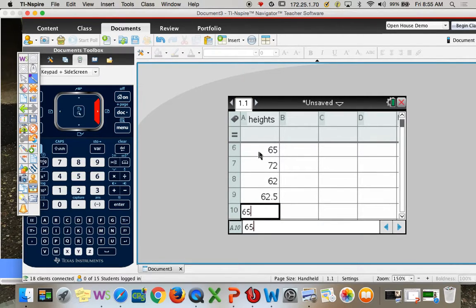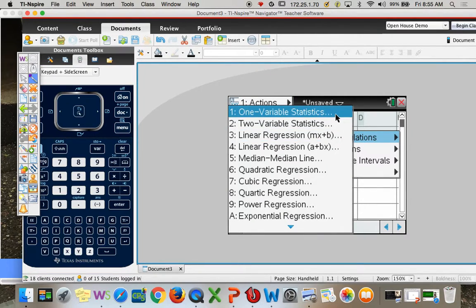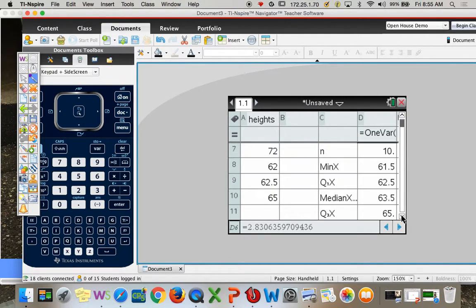I have 10. Again, go to a cell that's not already highlighted. Menu, statistics, stat calculations, one variable statistics. This time we're looking at height, so identify that. And then here is our 5-number summary. Min is 61.5, and so on.